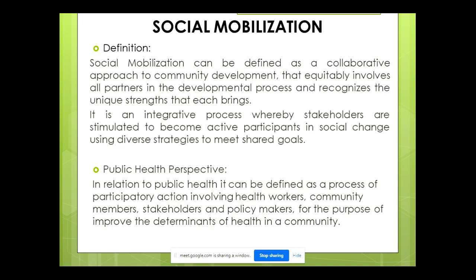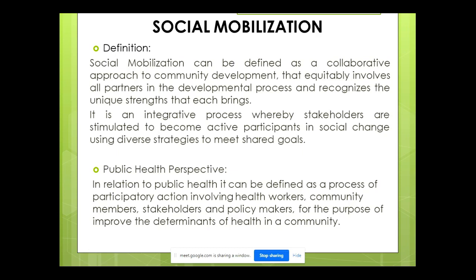So first of all, social mobilization. What is social mobilization? Social mobilization can be defined as a collaborative approach to community development. Like I said, you have to work with the community members when you want to develop a community. So it is a collaborative approach that equitably involves all partners. Those partners can be community members and stakeholders in the developmental process, and it recognizes the unique strengths that each person brings.